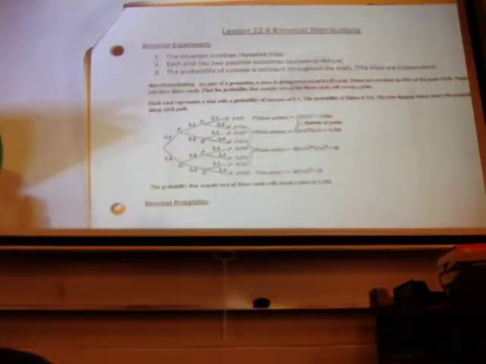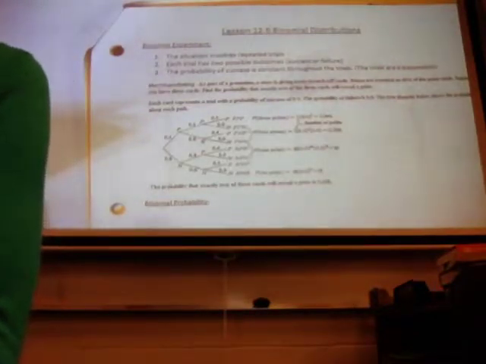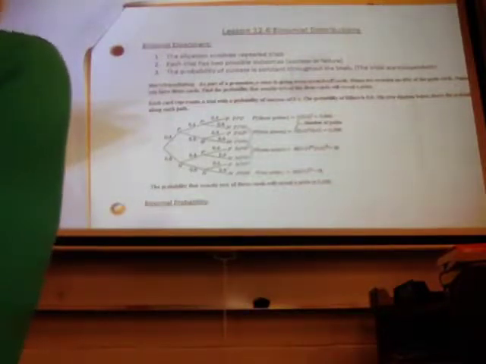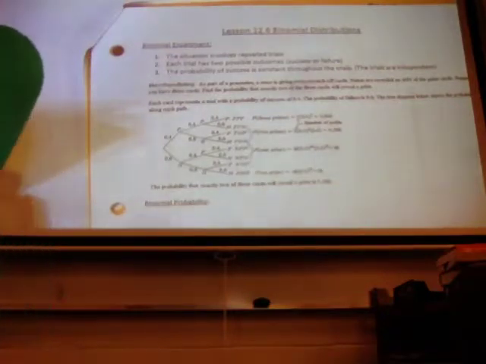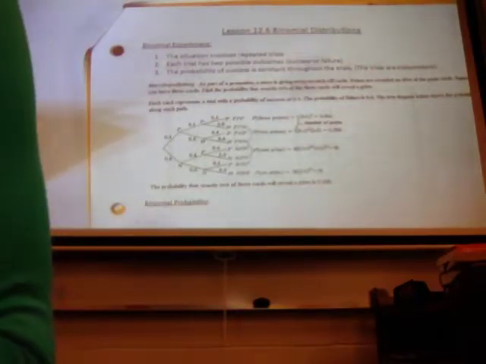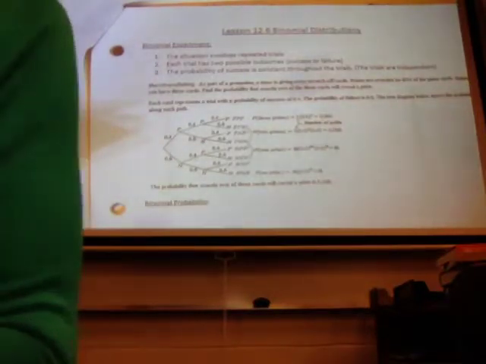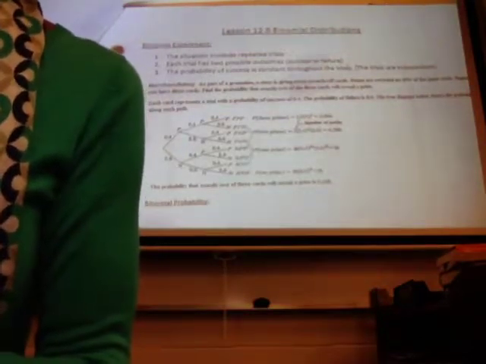So if your success rate is 0.4, what's your failure rate? 0.6. So for us to win the CIF, well, this isn't very good, I'm just kind of making fun. The success for us to win CIF boys swimming is 0.9. What's the probability of the failure? 0.1, because it has to add up to 1.